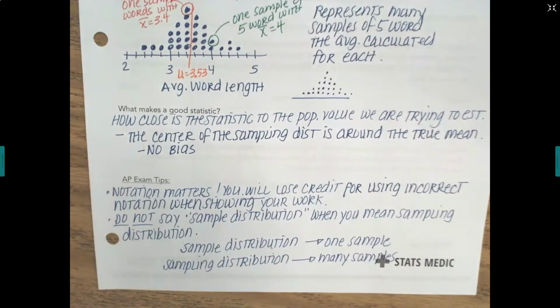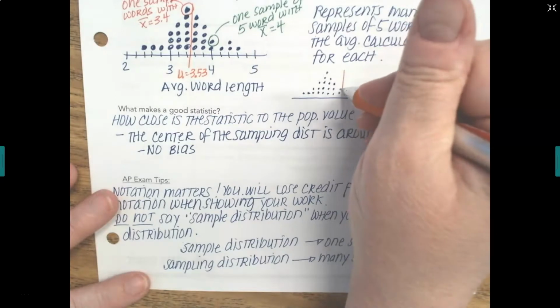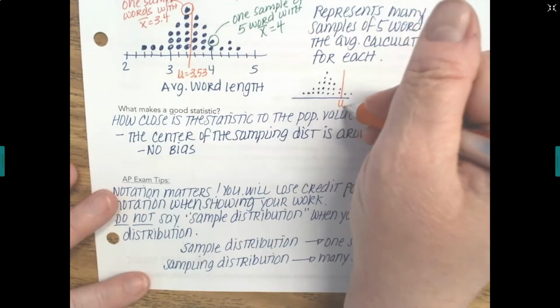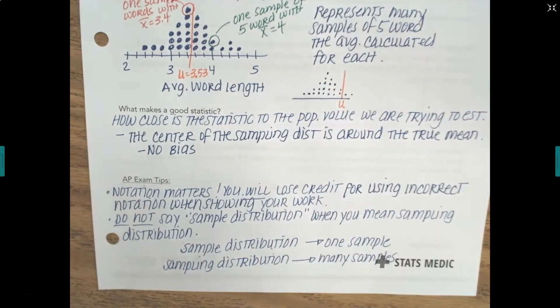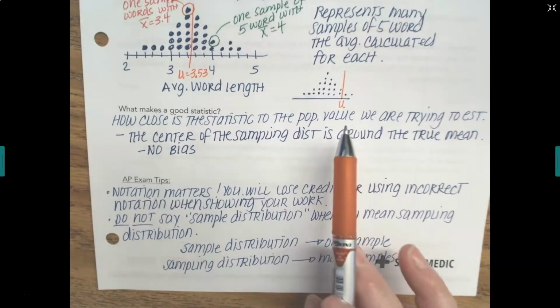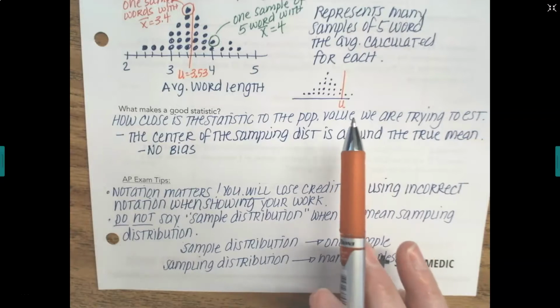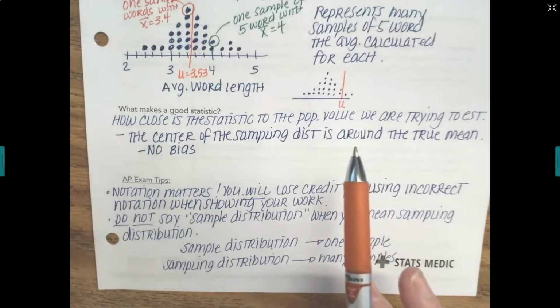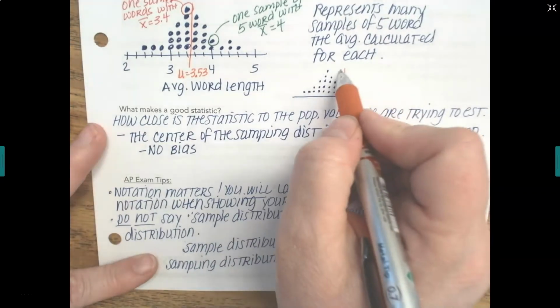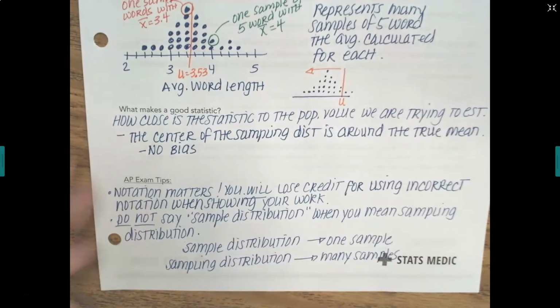Okay, they look the same, but what if my true mean was over here? Okay, so the mean is a good statistic for sampling, but this is showing some sort of bias where our data points were systematically pulled in one direction. Okay, so we don't want bias.